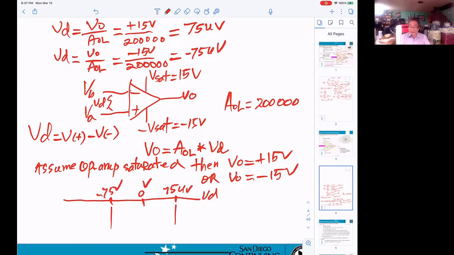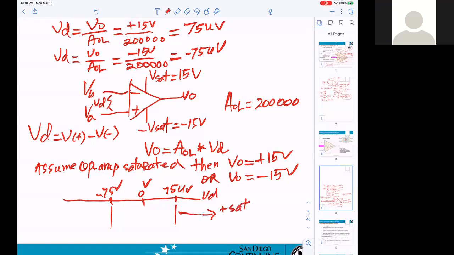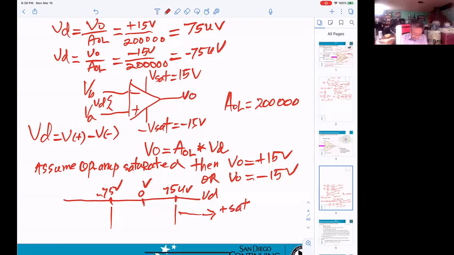Now, any voltage VD going into this side, that means op-amp be saturated. Okay, that will be plus saturation. Any voltage VD on this side, they will be minus saturation.